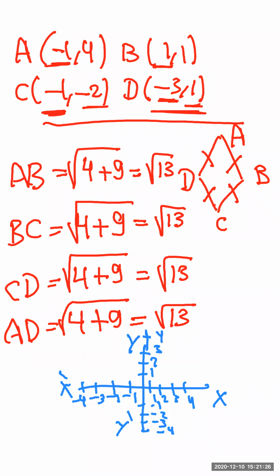Then represent your points. A (-1, 4) will be here, this point. Then (1, 1) means here. Then (-1, -2) means here. Then (-3, 1) will be here.